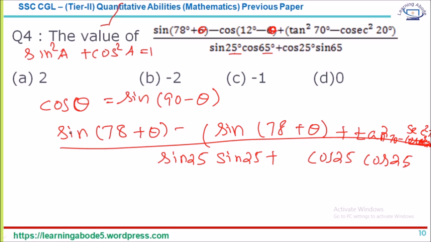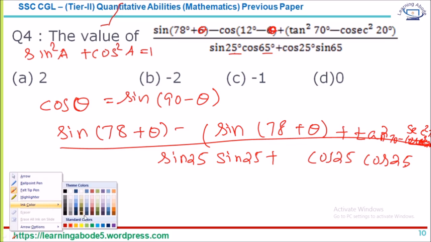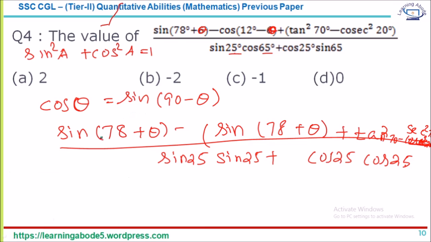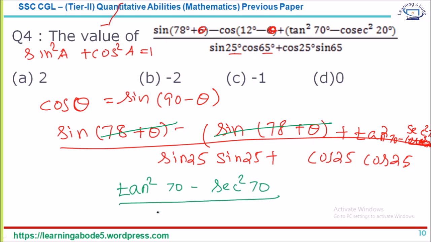Now this part and this part, okay, they'll get cancelled. So finally you are left with tan square 70 minus secant square 70 whole divided by sin square 25 plus cos square 25.